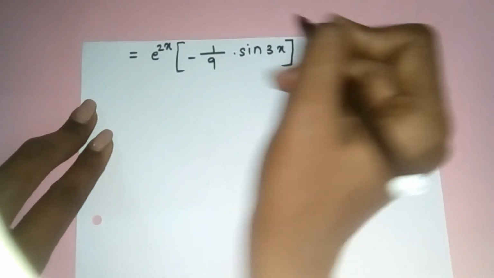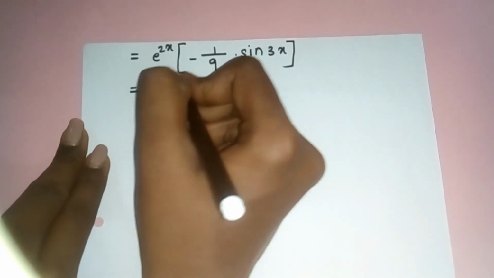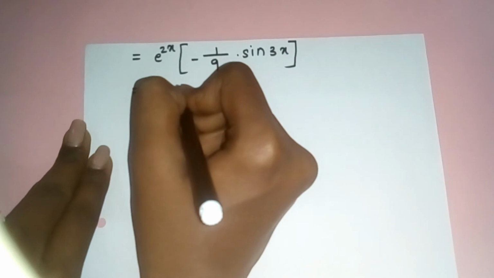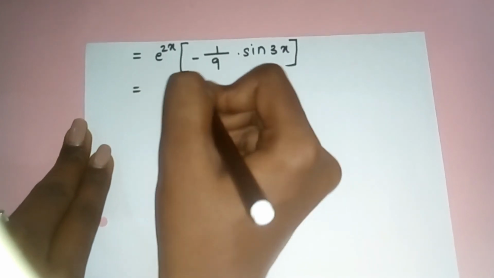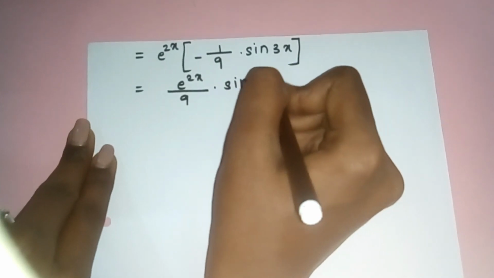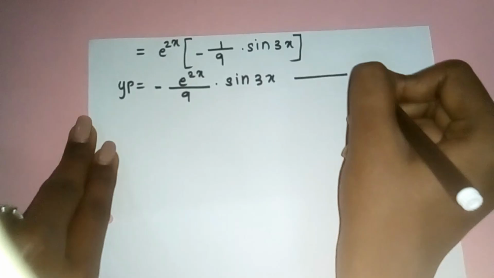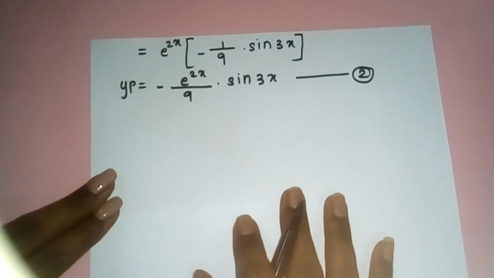Now this is our yp. Now we have to simplify this. E raised to 2x upon 9 into sin 3x, with a minus. Now this is yp, the second equation.